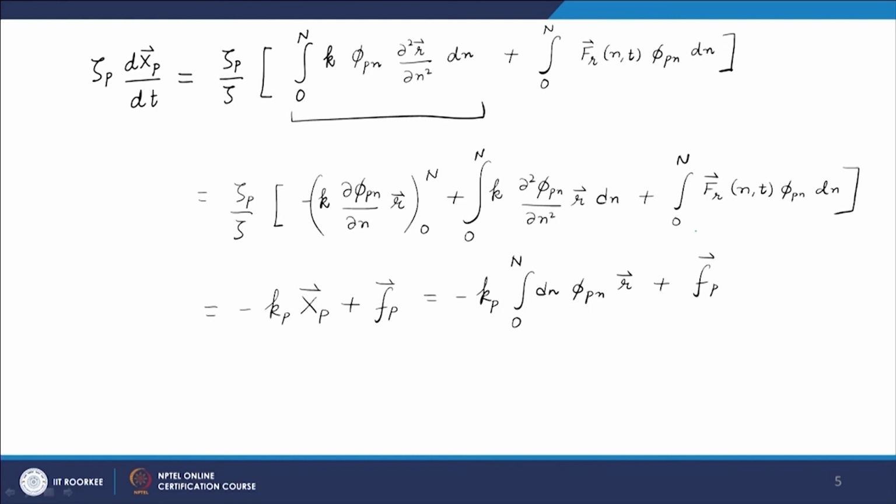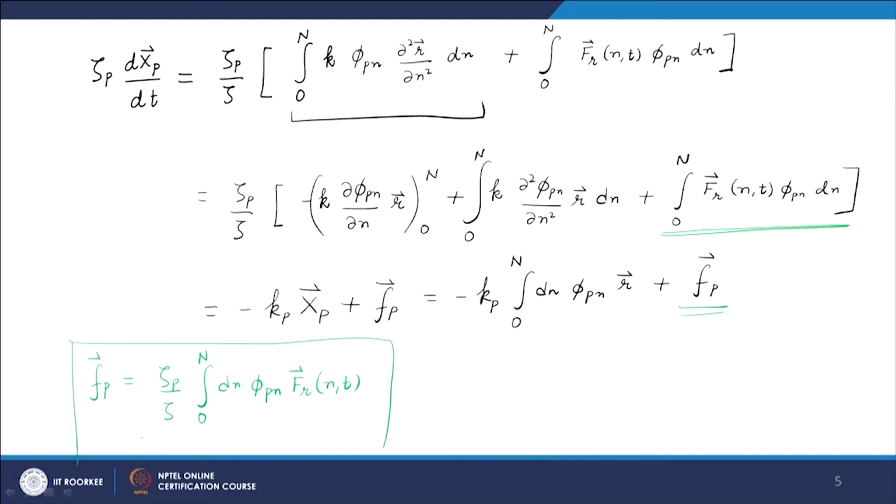So, first of all, I look at the last term in the two expressions, marked in green here, and I will equate these two terms, and what I do get is F_p is equal to zeta_p by zeta, integral from 0 to n dn phi_p(n) F_r(n,t). That is my first equation.